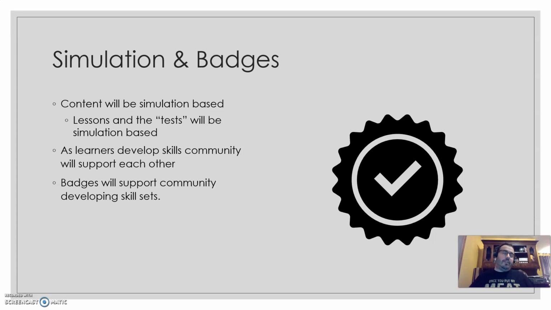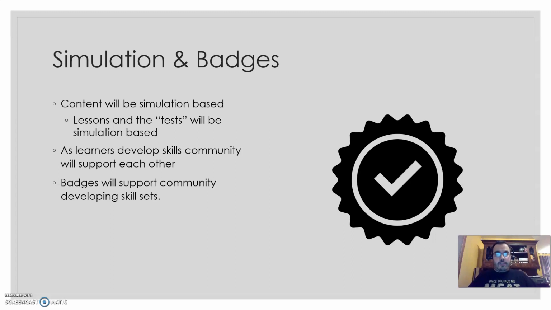Then we build a community using badges so that they can feel accomplishment with success in the training, and then be able to help each other as they develop their skills, to help their coworkers complete the tasks as well.